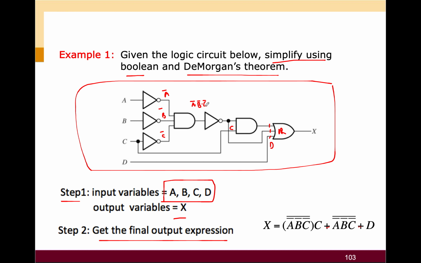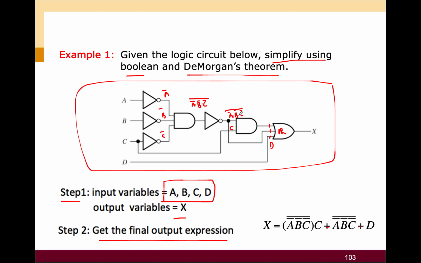After that you will go to the NOT gate. So you will put all the NOTs after that like this. So this will be A dot B dot C bar bar bar another bar.